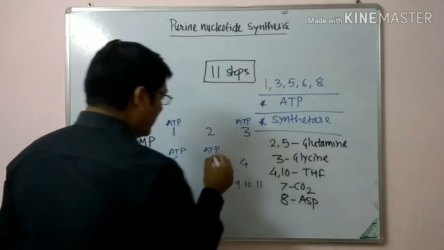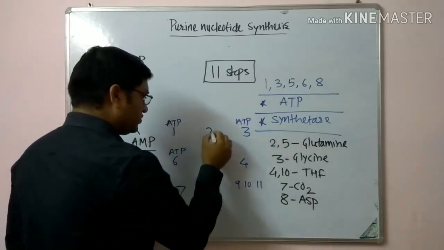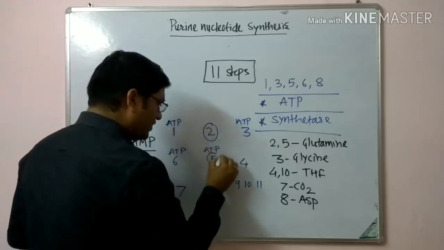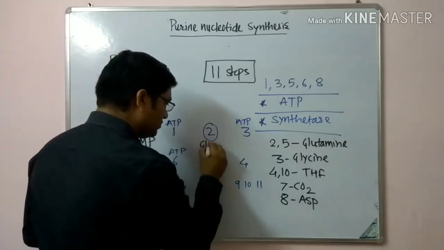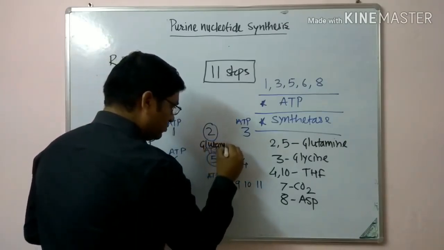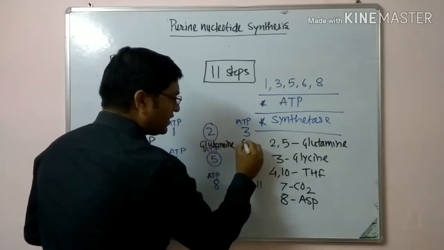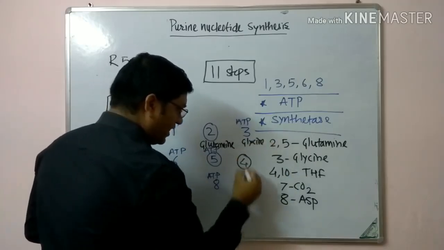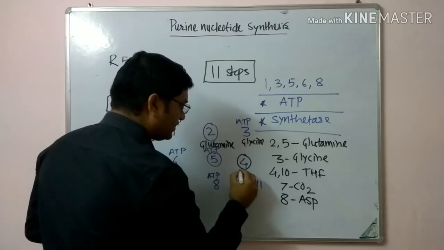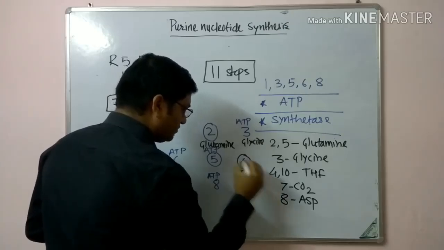Steps 2 and 5 require glutamine. Step 3 requires glycine. The 4th and 10th steps require tetrahydrofolate.